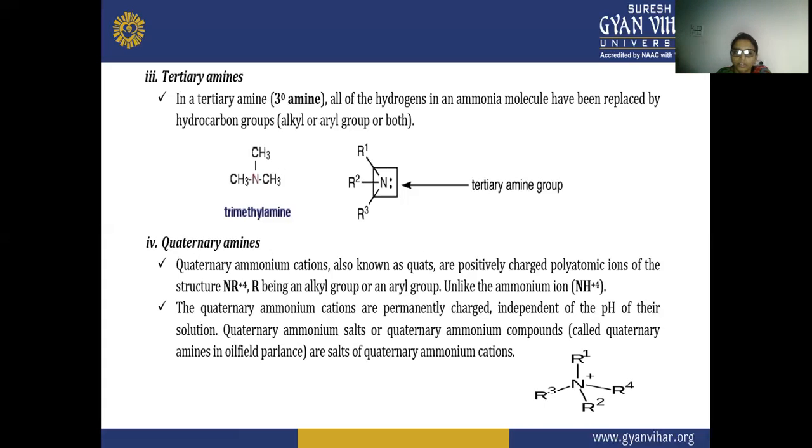Next are the quaternary amines. Quaternary ammonium cations are also known as quats, and these quats are positively charged polyatomic ions of the structure NR4+, R being an alkyl group or an aryl group.